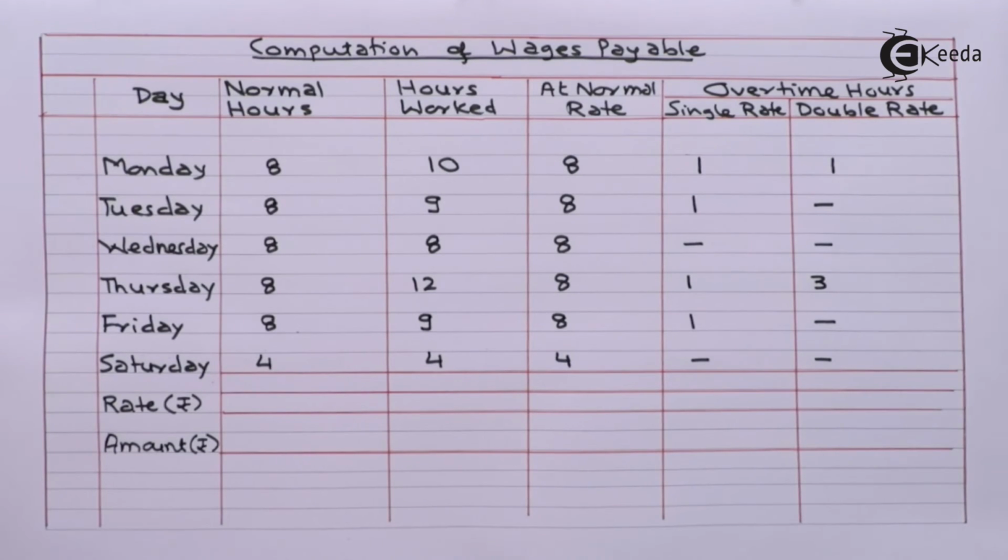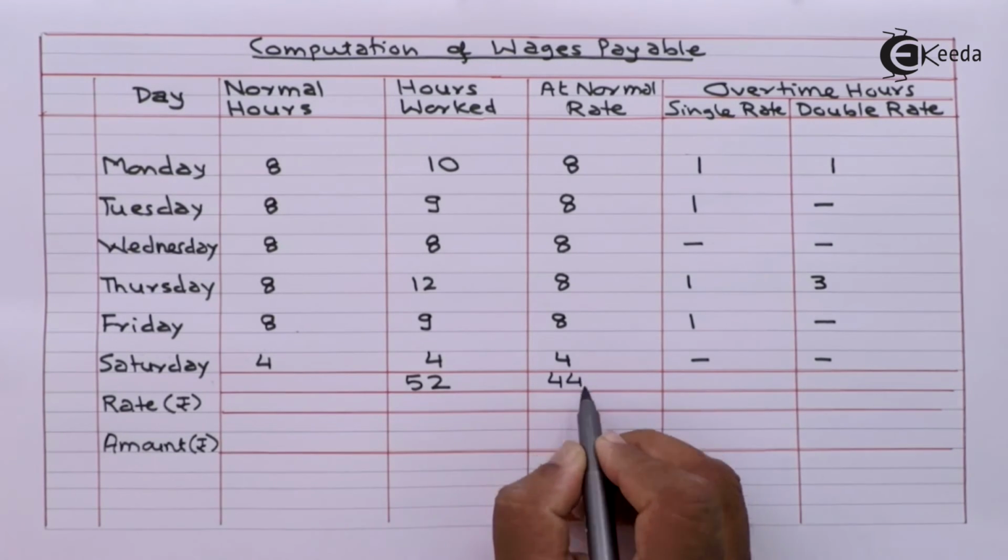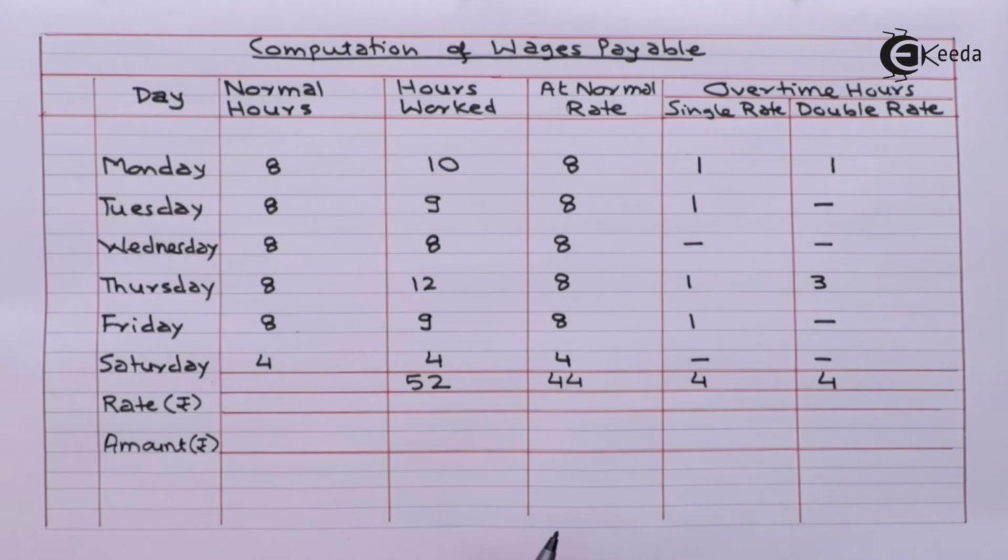This is how we have bifurcated overtime hours considering the parameter of up to 9 hours and beyond 9 hours. Let us take now the column total. So total hours worked 52 hours. At normal rate, wages will be paid for 44 hours.